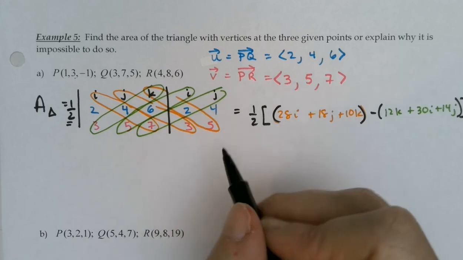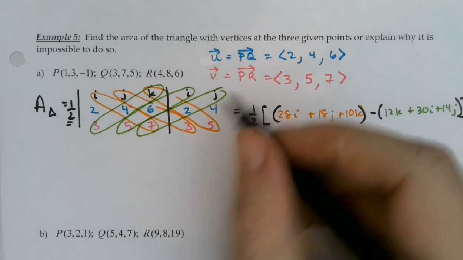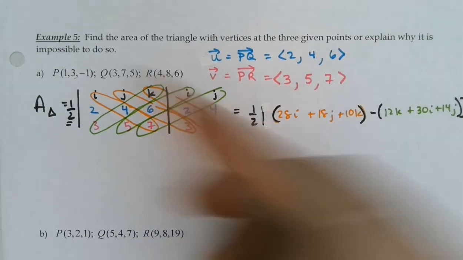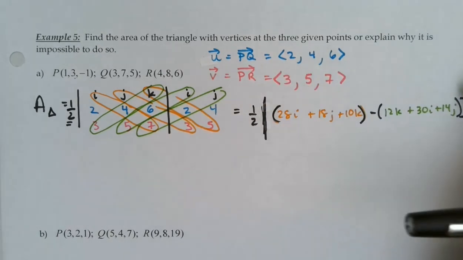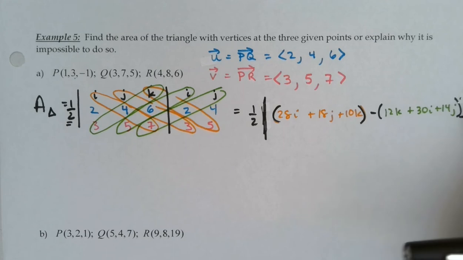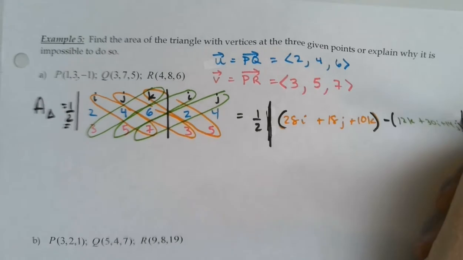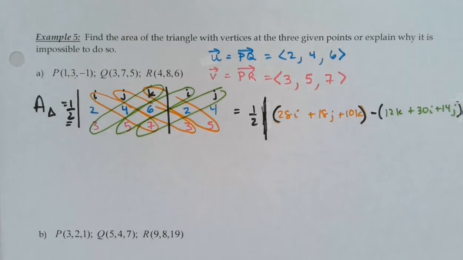All right, and it's really a half times the magnitude of all this. I shouldn't put brackets around it. What I really want is vertical bars because I want to find the magnitude of the cross product and then multiply that magnitude by a half.